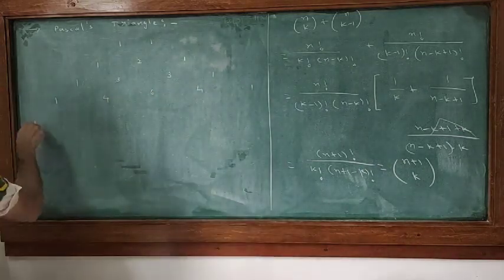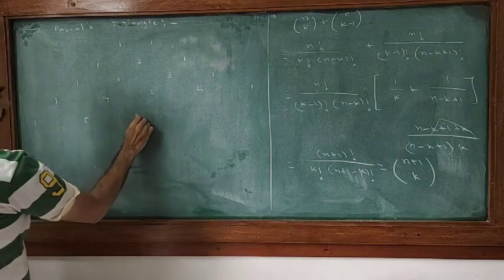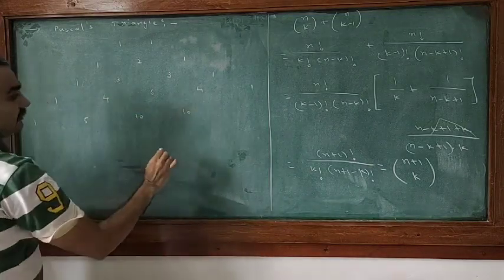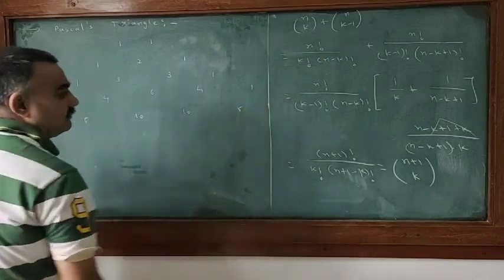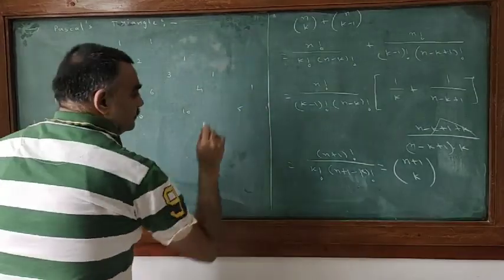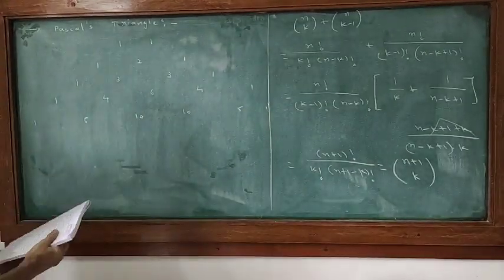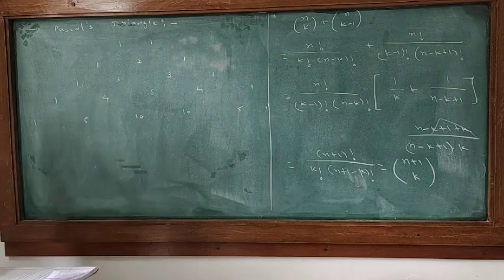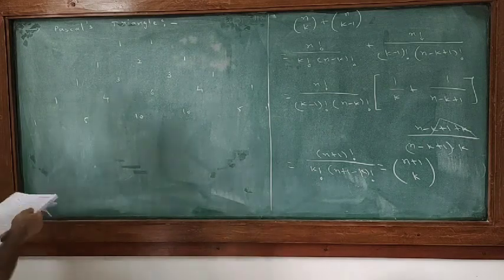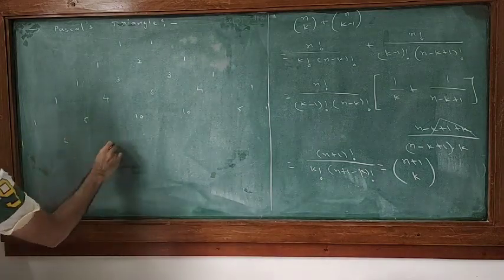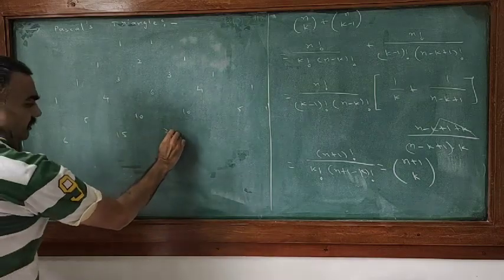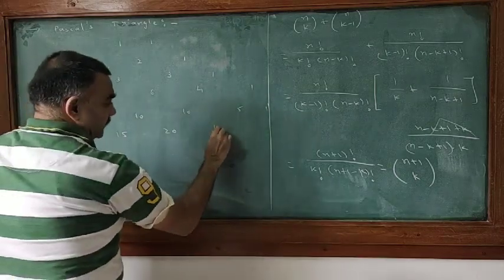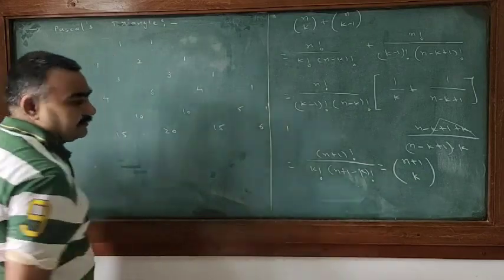Sum of both gives 1, 5, 10, 10, 5, 1. So this is known as Pascal's triangle. And this is 1, 6, 15, 20, 15, 6 and 1.